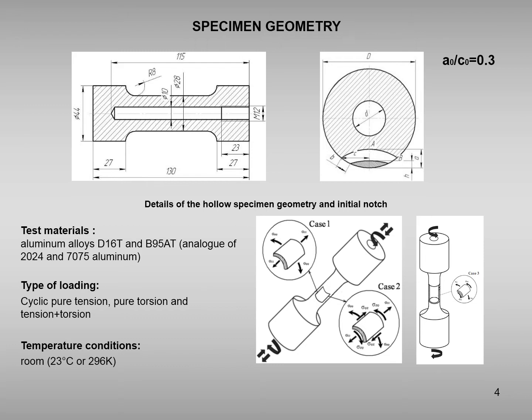The test materials are most popular in aircraft industry: aluminum alloys D16T and B95AT, analogs of 2024 and 7075 aluminum. All tests were carried out at room temperature. Type of loading: cyclic tension, cyclic torsion, and cyclic tension-torsion.